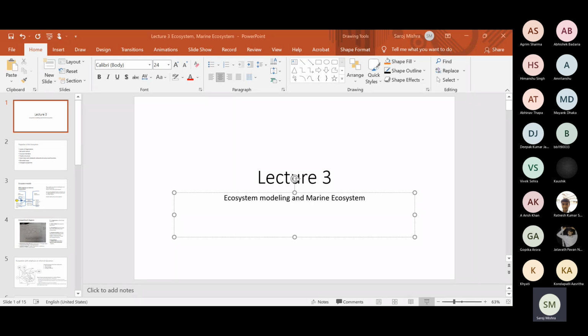So what I wanted to discuss a little today is the modeling of ecosystems, because you have seen yourself that they have extremely complex features.